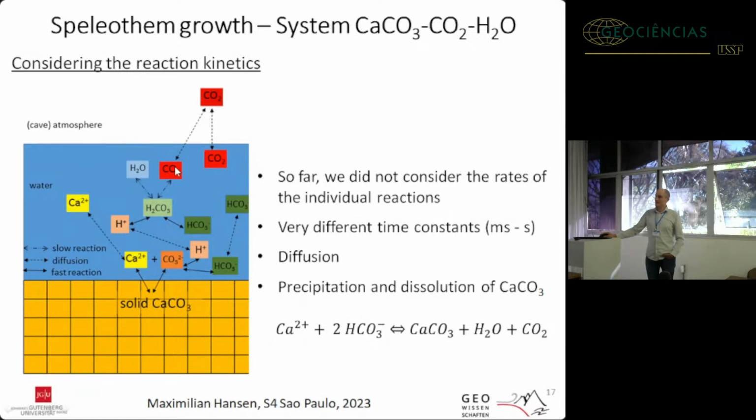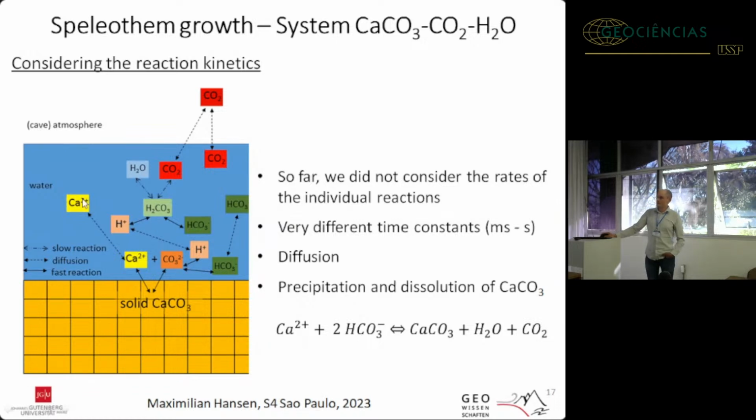And some reactions are very slow. For example, the conversion of dissolved CO2 into carbonic acid is a slow reaction, while the dissociation of the carbonic acid into hydrogen and bicarbonate is almost instantaneous because it's a very fast reaction.